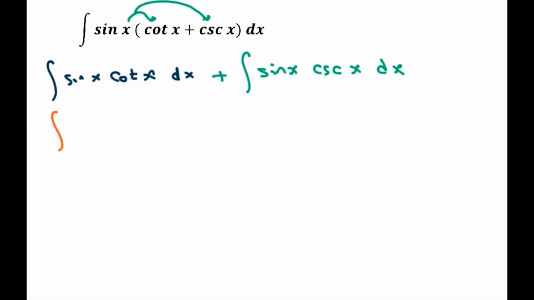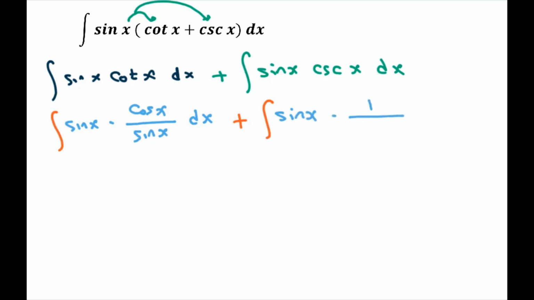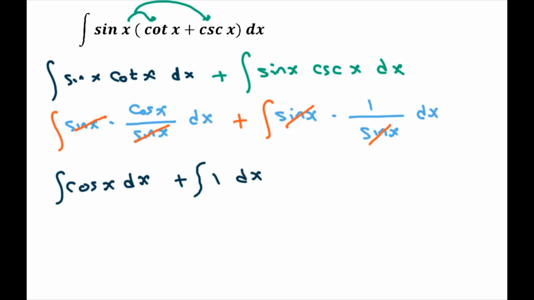So that's going to be sine x multiplied by cosine x over sine x dx, and then plus the integration of sine x multiplied by 1 over sine x dx. Now I can simplify by crossing out the sines, and that's going to be cosine x dx plus the integration of 1 dx.